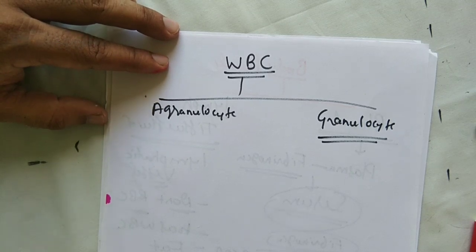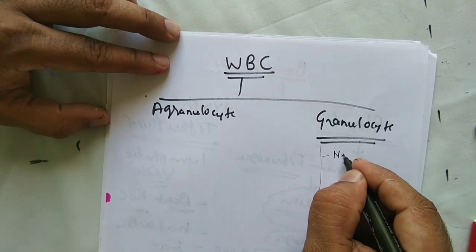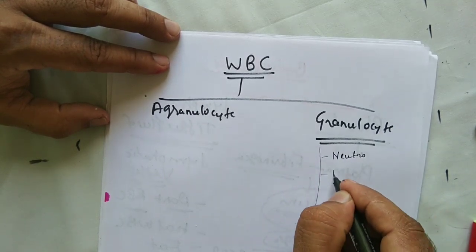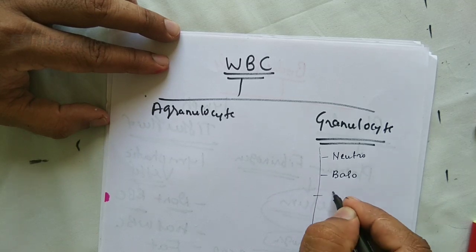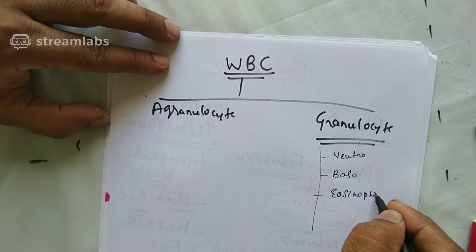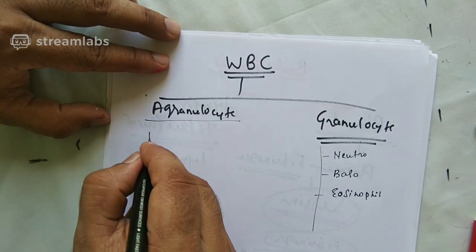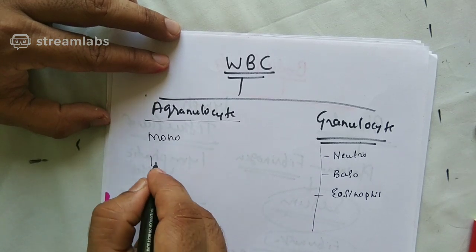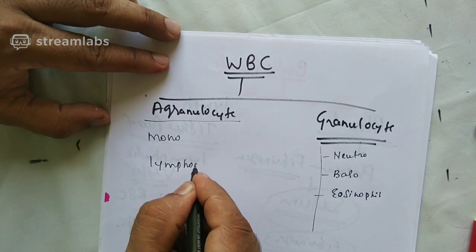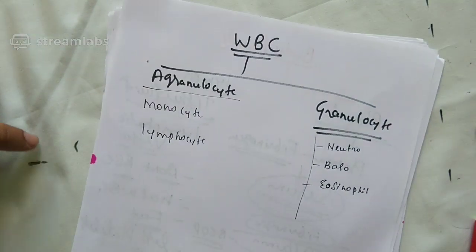If I ask you regarding granulocytes, you can tell following things like a neutrophil, basophil, eosinophil. Agree with me? Yes. And if I ask agranulocytes, like monocytes or lymphocytes. Agree with me? Okay.